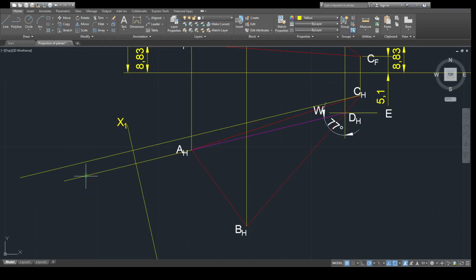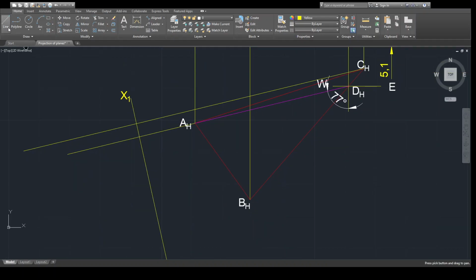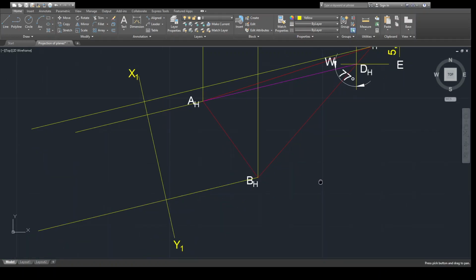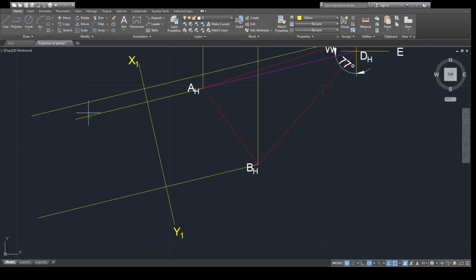Otherwise your dimensions will be wrong. Let us measure: you see 4.24 is constant, which means it is a parallel line to AHDH. Now extend the projection from point BH as well. It should be perpendicular, and yes, it is a perpendicular line.